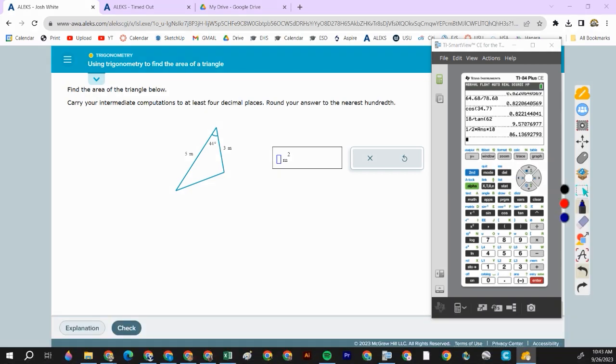Okay. So here's what we need to do. We need to find a way to calculate that. I need a right angle somewhere. Well, the only angle I know is that, which is 44.